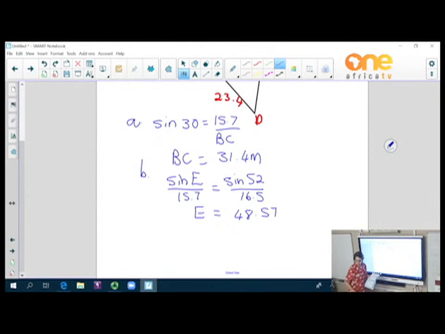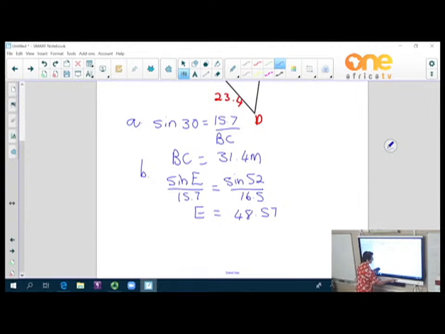We get then 48.57. Actually, you should first write the unrounded answer. So 15.7 times sine 52 divided by 16.5 is equal to, and then second function sine, your answer.